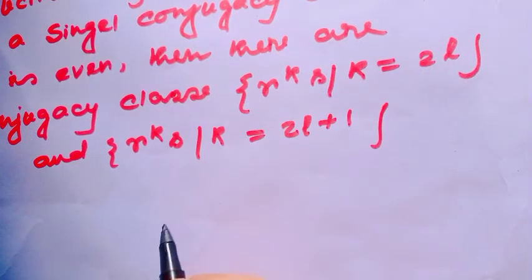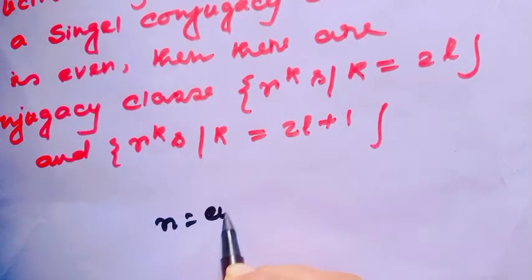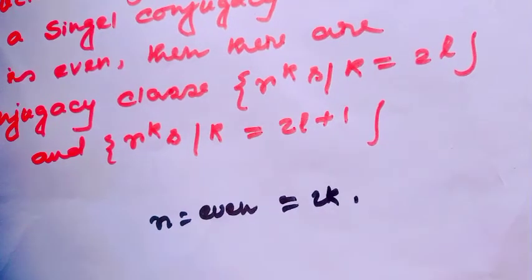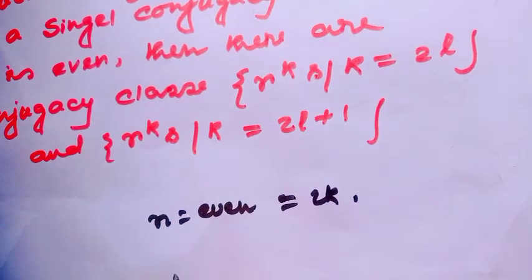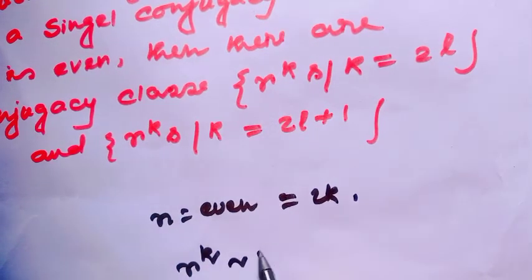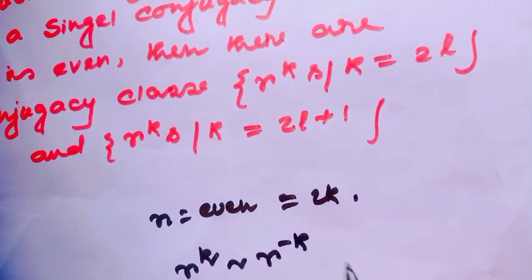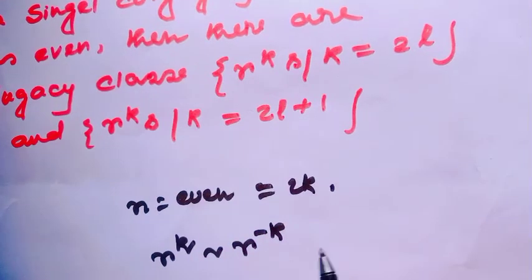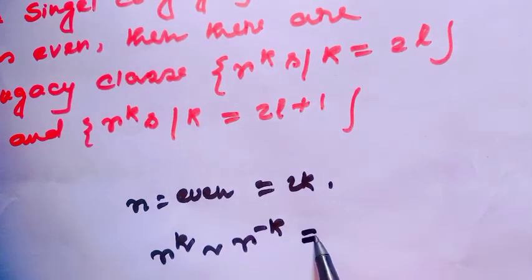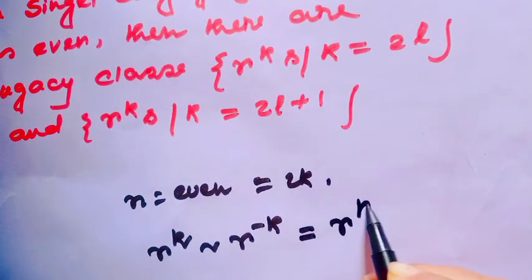And notice when n is an even number, that means n equals 2k, since all rotations are conjugate to their inverse, and here n is even, the inverse would be similar to r to the power k.